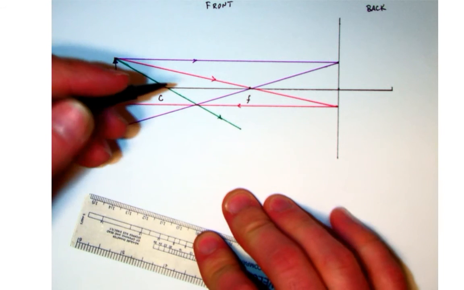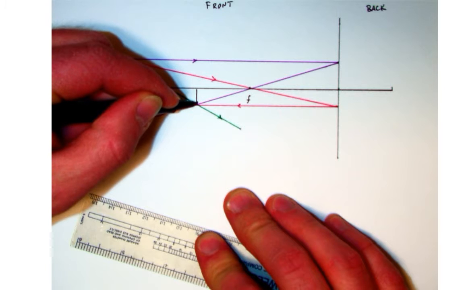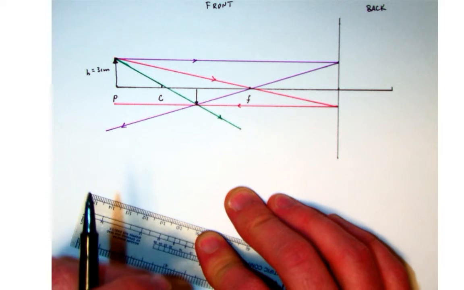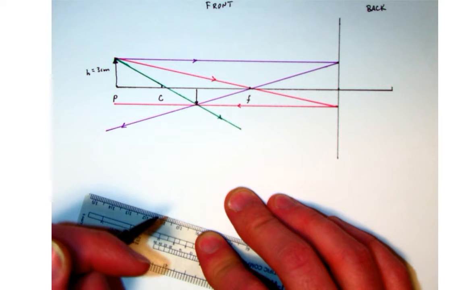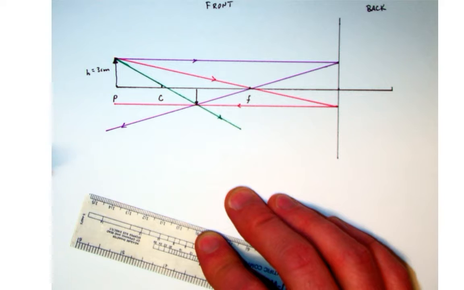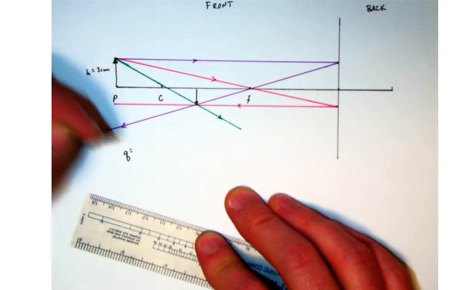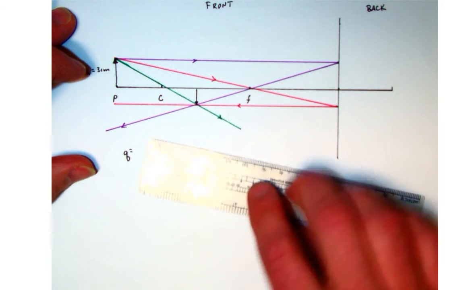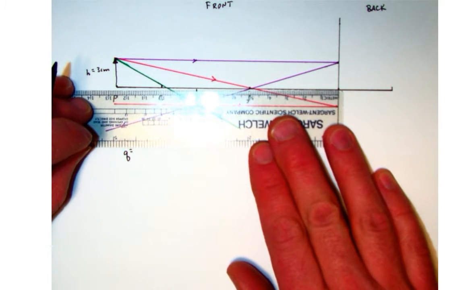Now because this image is on the front side of the mirror, that means it's a real image. You can project that onto a screen, but all real images are inverted, so this image is upside down. So what I need to do now is measure the image distance Q, and that image distance, if I measure here, looks like it's 8 centimeters.